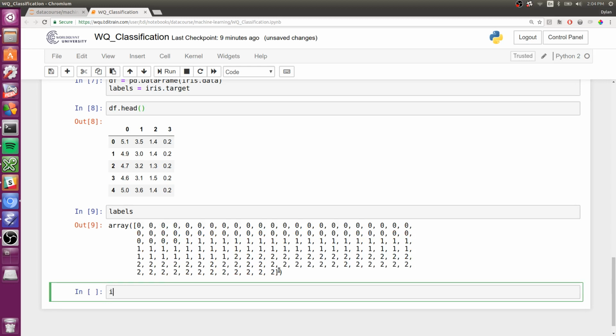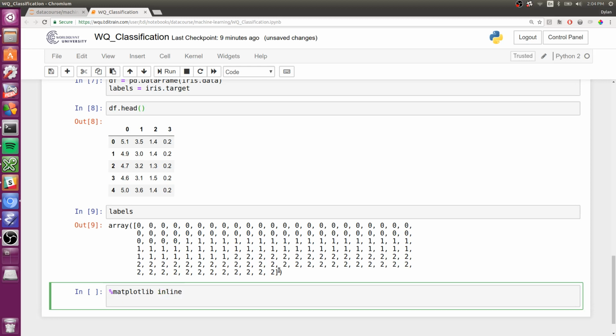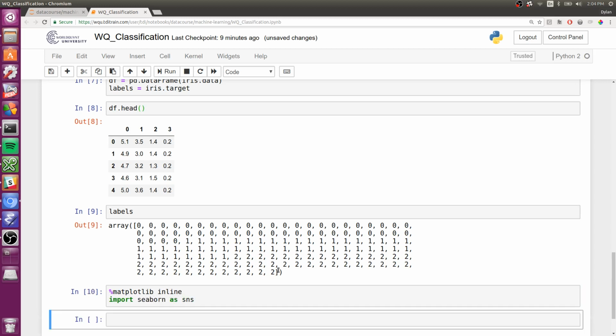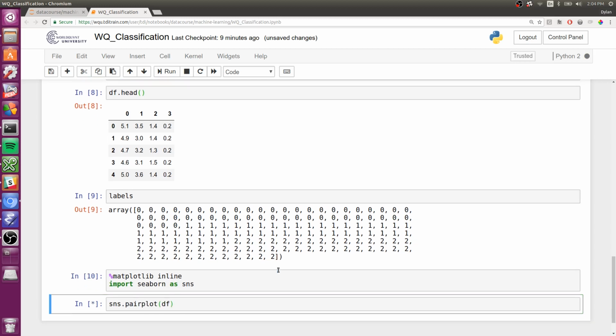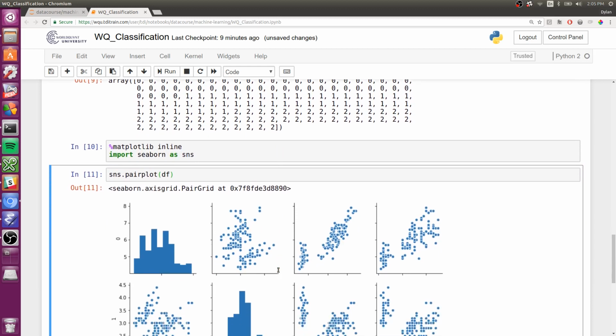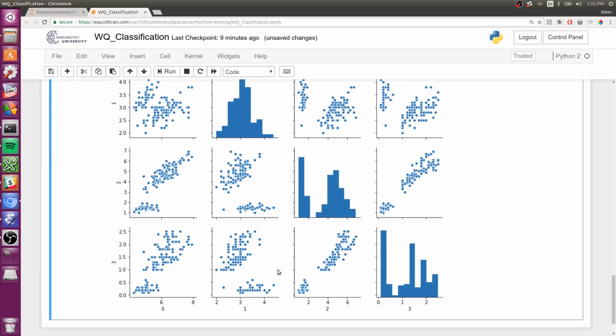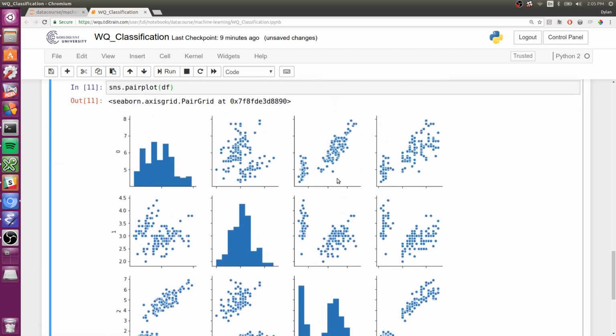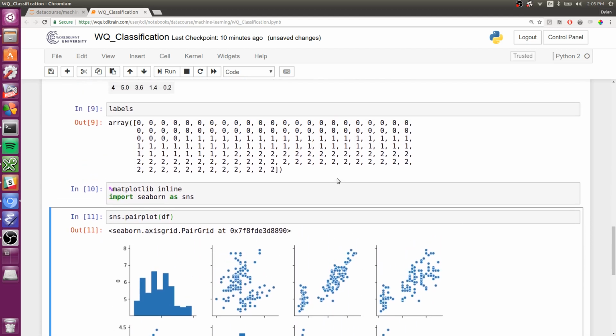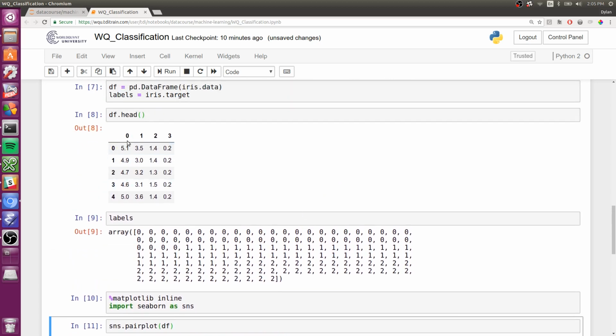So, charging on ahead, let's do some visualization to acquaint ourselves with the data. And I'm going to use the Seaborn library to make a grid of plots showing the distributions of the observations along pairs of different features.